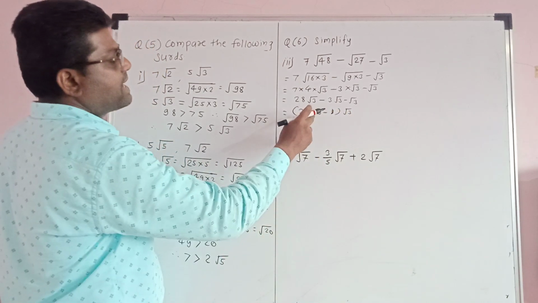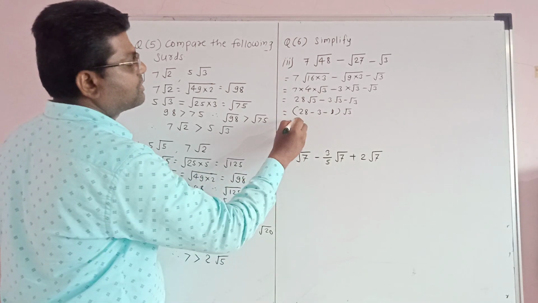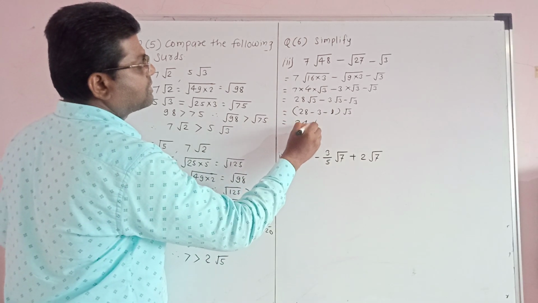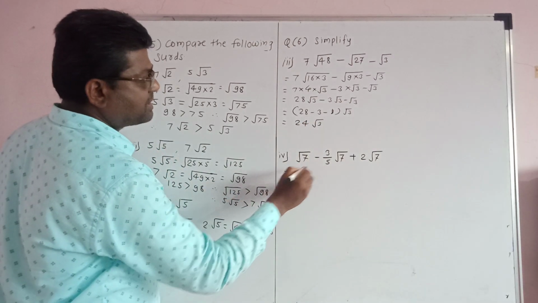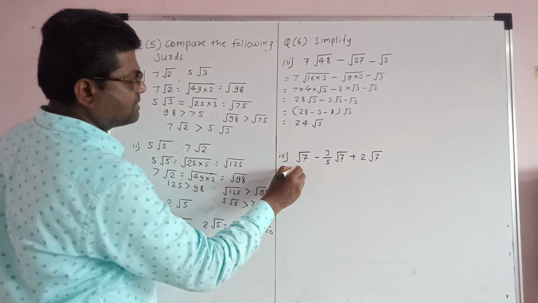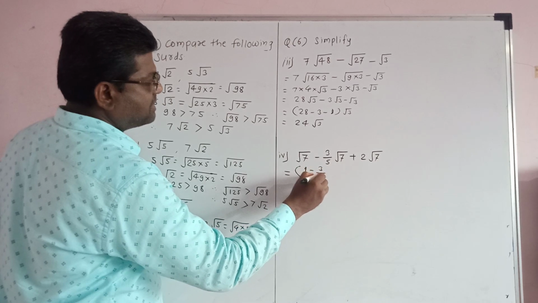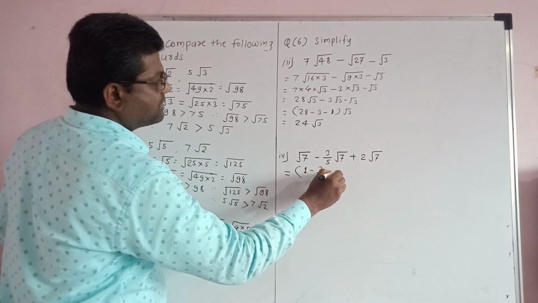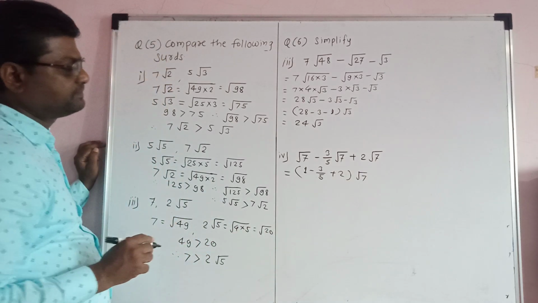28 minus 3 minus 1. 28 minus 4, that is 24 into root 3. Now in this example take square root of 7 common. Therefore here we will write 1 minus 3 upon 5 plus 2, and square root of 7 is common.